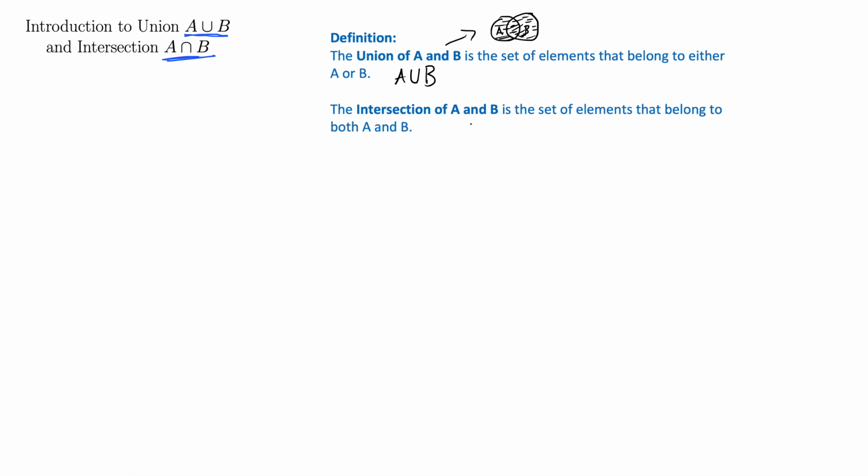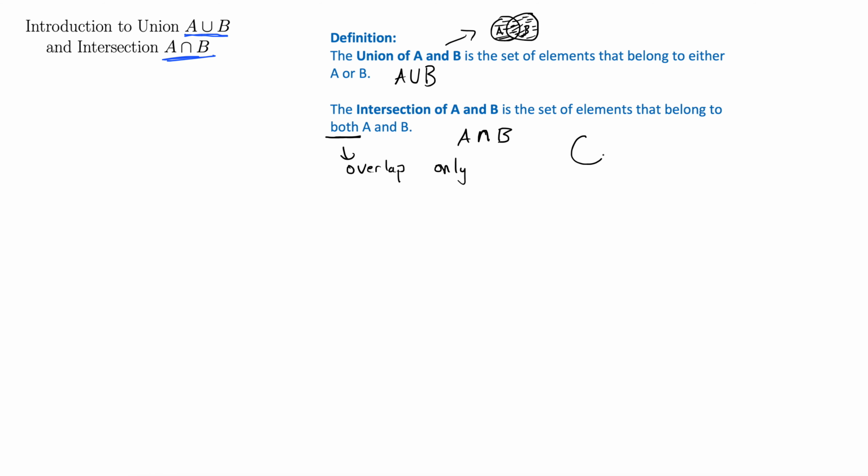The intersection of A and B is not as inclusive. A intersect B, it's like an upside down U there. It's the set of elements that belong to both A and B. So when we say both A and B, this is the overlap only.